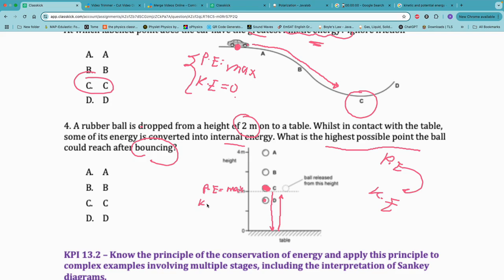Kinetic energy is 0 because it has not dropped yet. While moving down, potential energy decreases because height decreases, kinetic energy increases. Then, once it hits the floor, it will bounce back. The maximum point it will be able to reach is D.